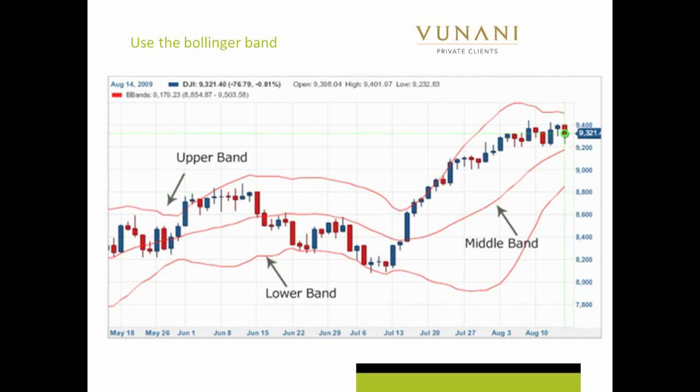So the further away these bands get from each other, the more volatile that share price or security price has become. When the bands only have a slight slope and track approximately parallel, and parallel doesn't have to be a straight line, I'll show you on the chart in a bit, it means there's a period of normal trading, and you could probably end up trading ranges or trading the channel.